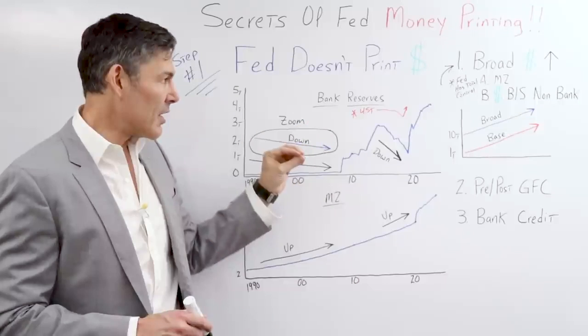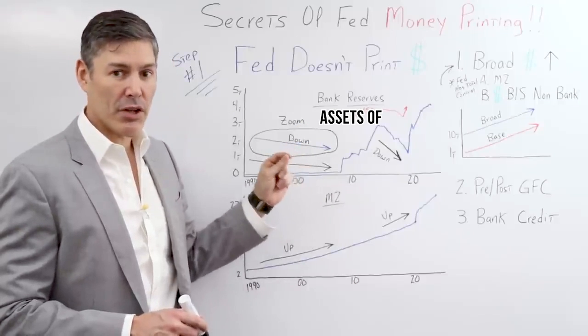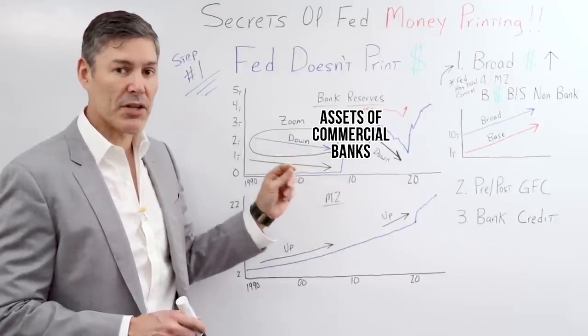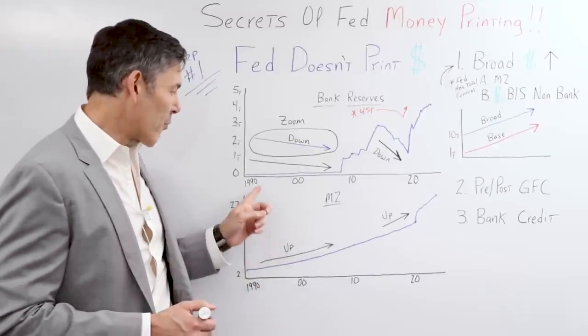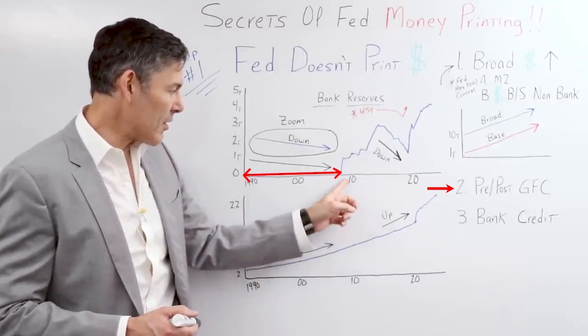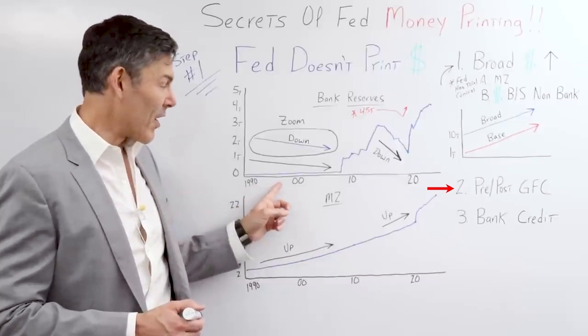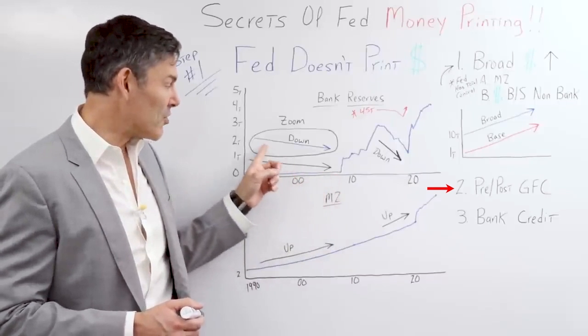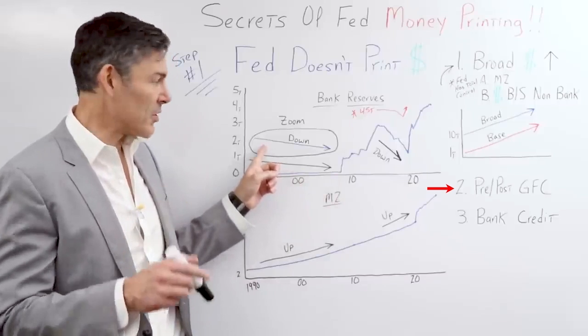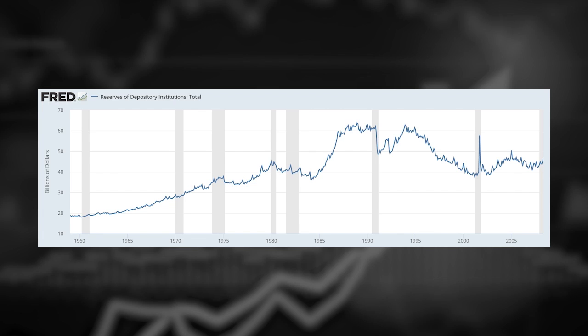These are the assets of the commercial banks themselves, or some of the dollar-denominated assets. So prior to the GFC, you'll notice this line is very, very low and very, very straight. But if you zoom in, editor, go ahead and throw up this chart, you'll see that between 1990 and 2008, the amount of bank reserves in the system actually went down, not up.